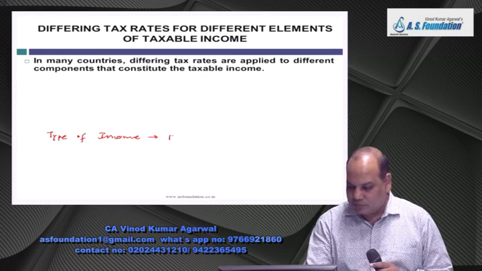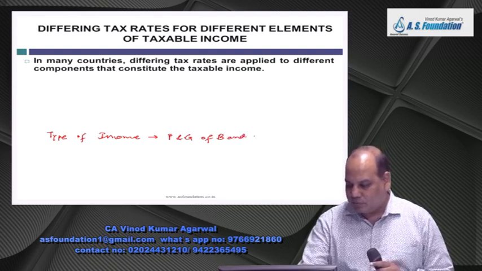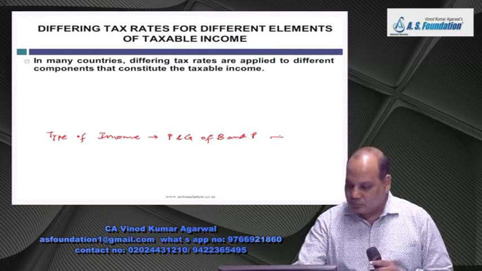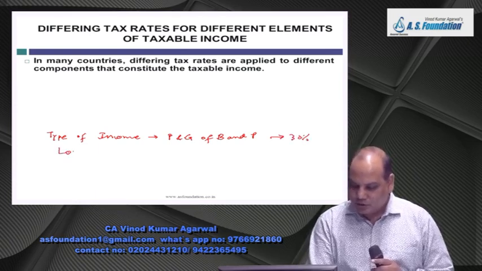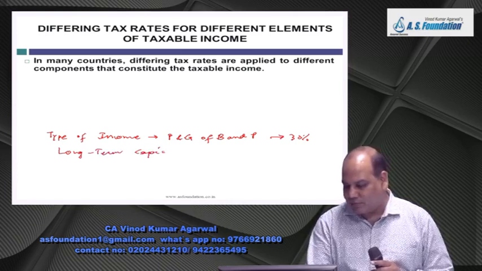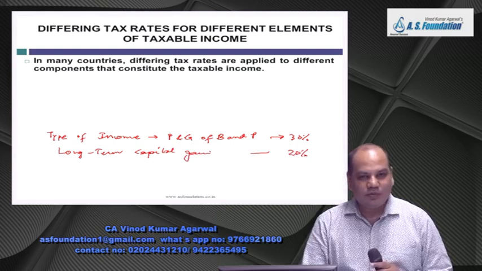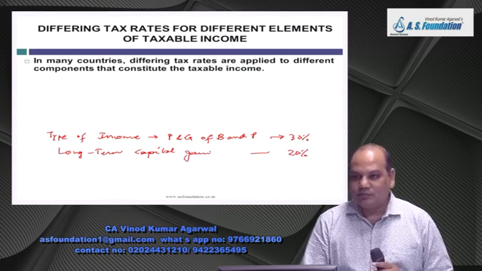For example, profit and gains of business and profession is charged at 30%. Income under long-term capital gain is charged at 20%, or maybe some more rates are there. Which rate will you apply?